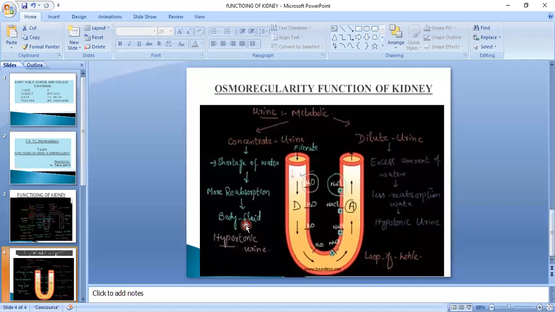This whole process is under hormonal control. That is not explained here, but let me tell you about it. There are two hormones responsible for this counter mechanism: aldosterone and ADH. You can note it down, but there is no need to write it because it's not in your syllabus.